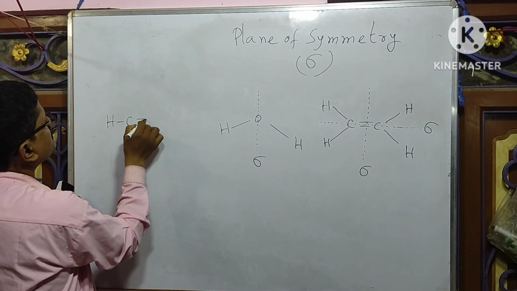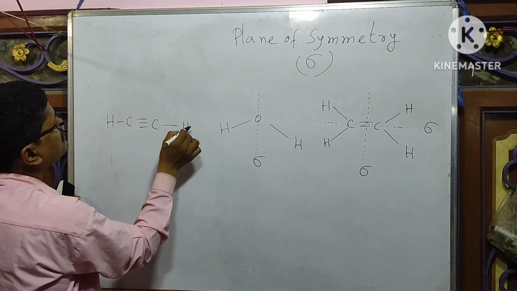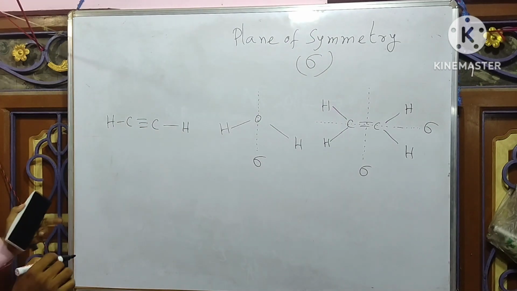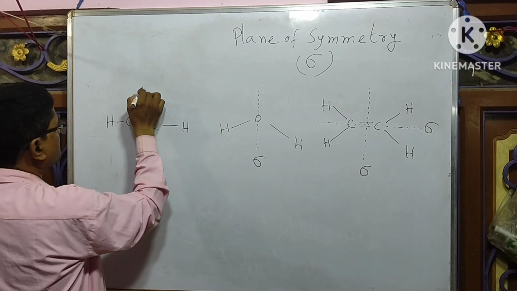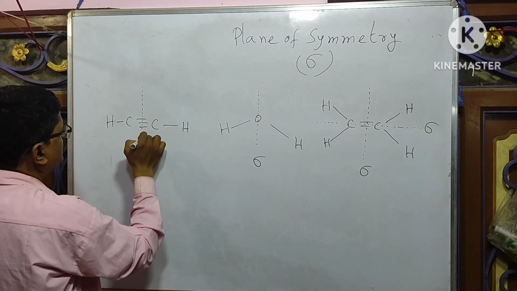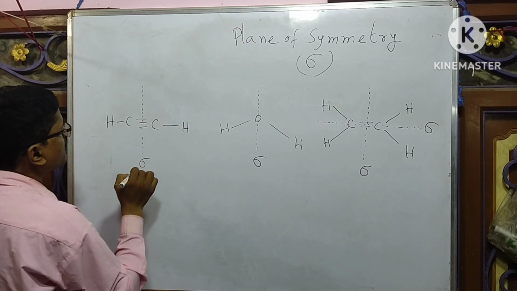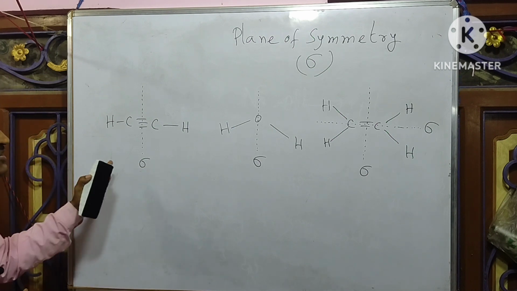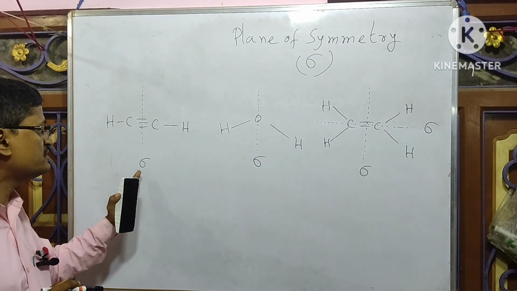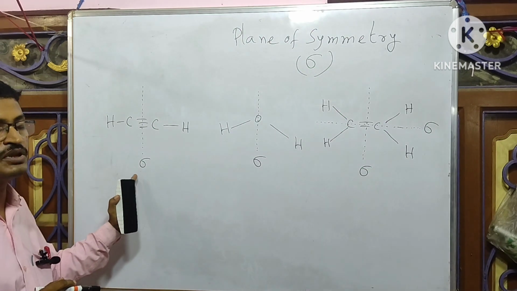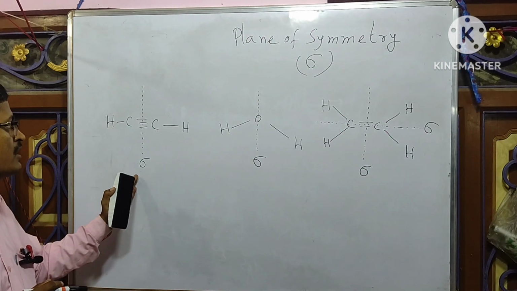We can consider the case of acetylene. This is the acetylene molecule. If an imaginary plane passing through the molecule divides it into 2 equal halves, each being a mirror image of each other, then the molecule is said to possess a plane of symmetry sigma.